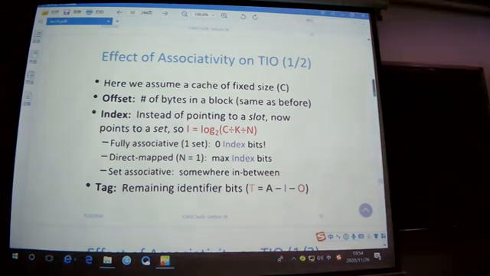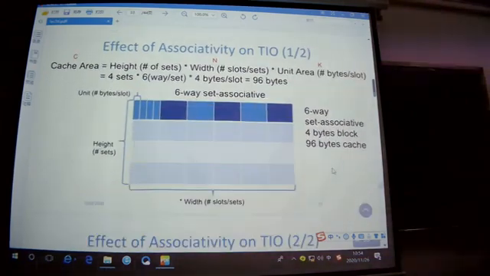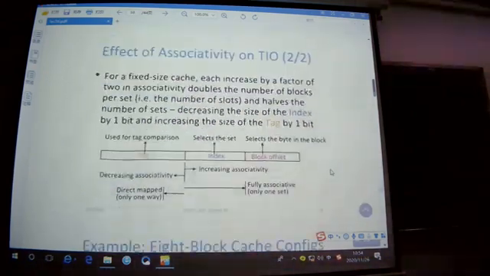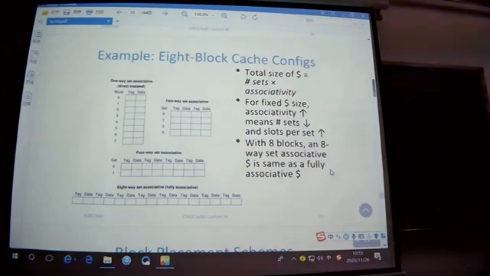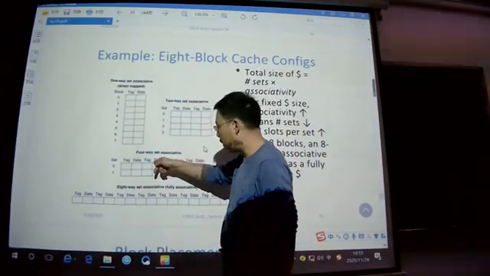Tag remains identical. Okay, this is an 8-block cache configured. We can find this is one-way set associative. This is two-way set associative. This is four-way set associative. So we can find associativity 1, 2, 4, and 8.